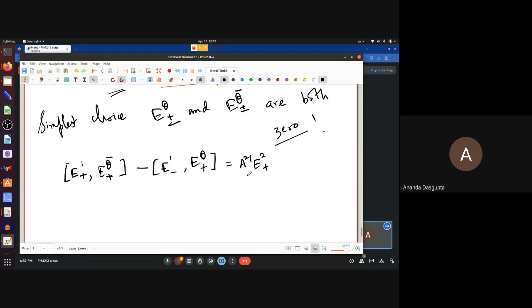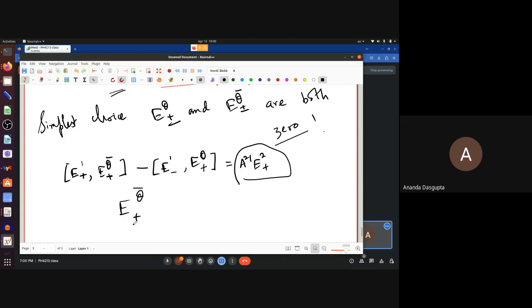If A21 is not 0, which is something you need, then it's impossible for both of them to be 0. If all these new operators were 0, then the left hand side here would have to be 0. Clear?